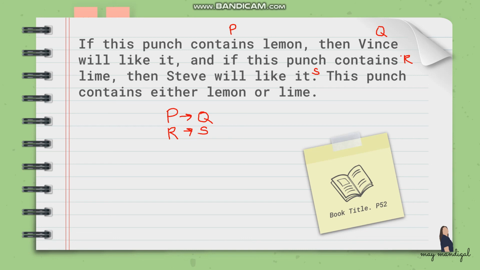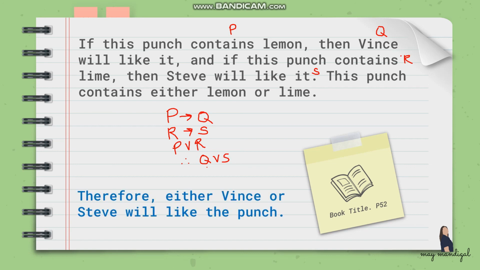And it is now followed by this sponge contains either lemon or lime. Okay? So if either of our two antecedents might happen, that means we can say that either of our consequents might happen as well. So our conclusion now is, therefore, either Vince or Steve will like the sponge.